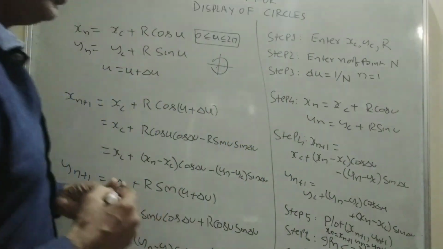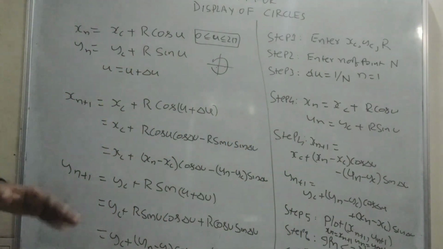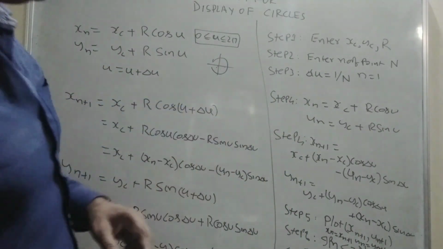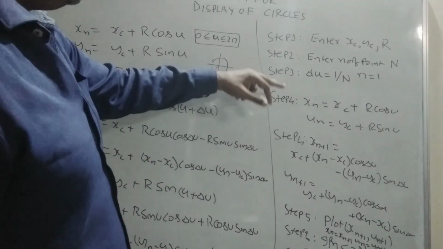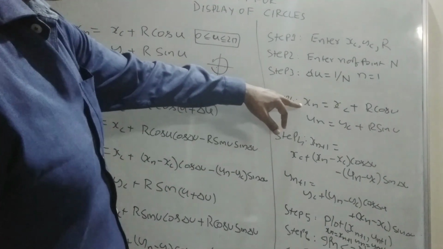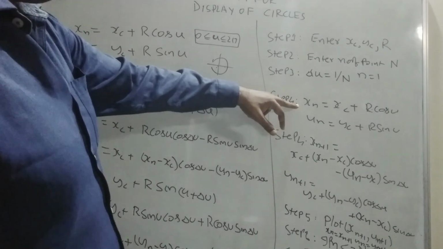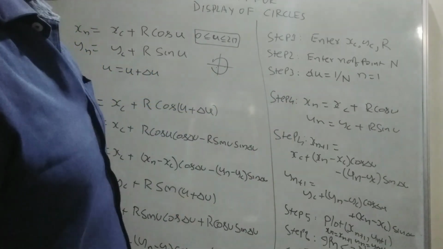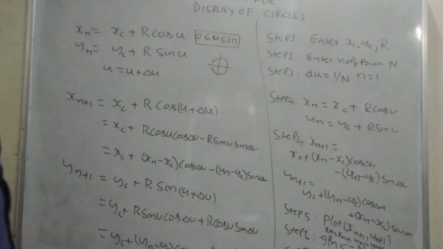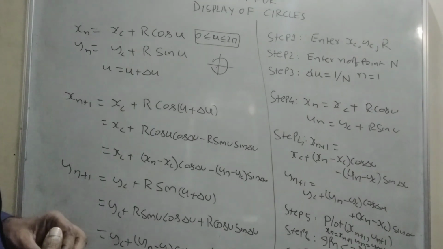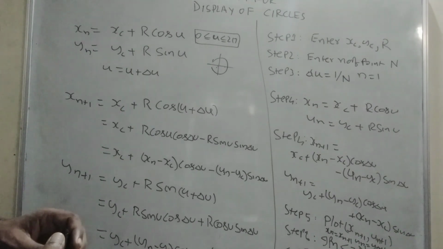This is how we can write down an algorithm to plot. Initially you have to start with this calculation, and then keep on repeatedly incrementing xn plus 1 and yn plus 1, and you can finish off the algorithm.